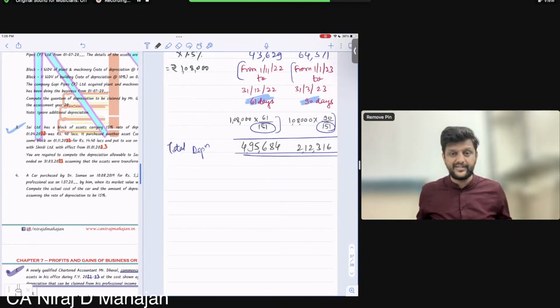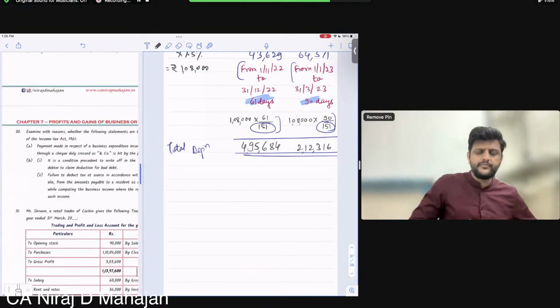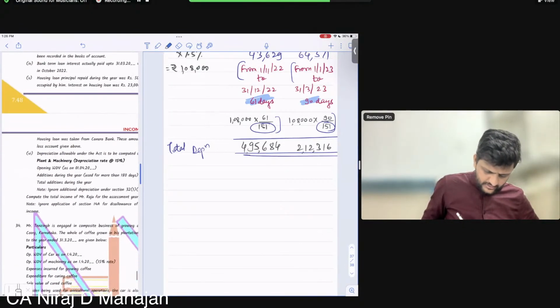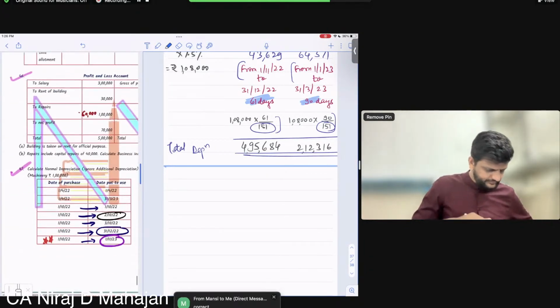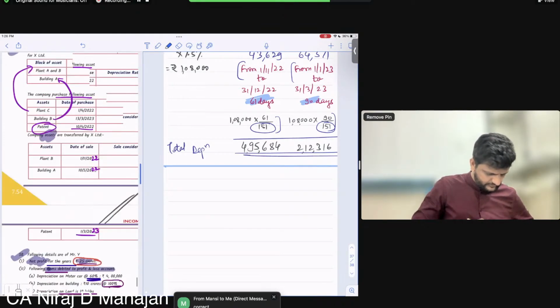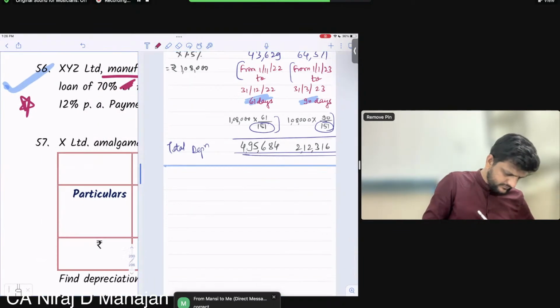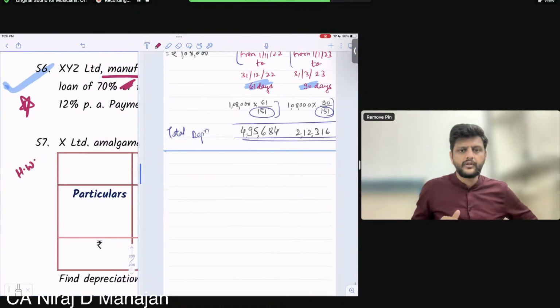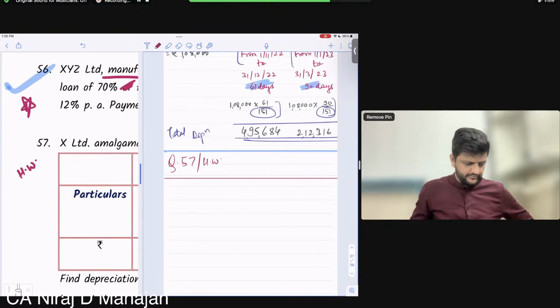Is it correct? Check quickly. The calculation you can do on your own. Question 57 for homework. Numbers are correct, tell me quickly once. Question 57 for homework, okay?